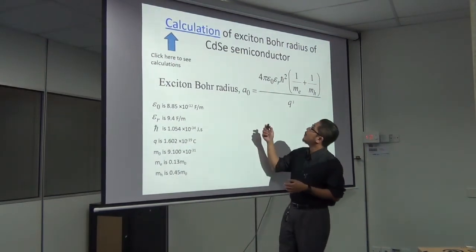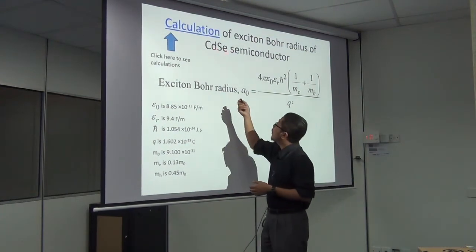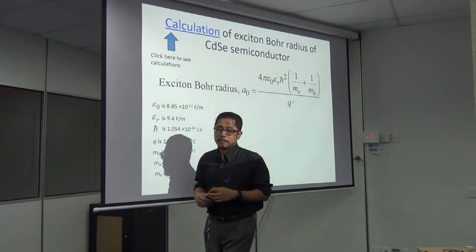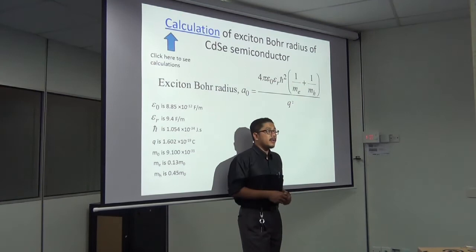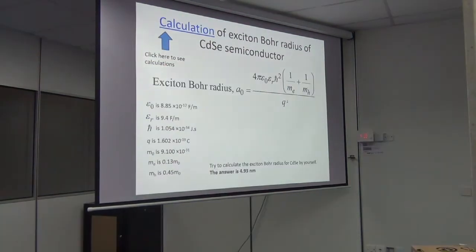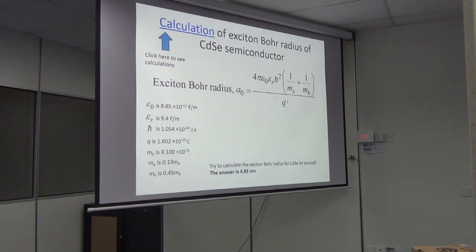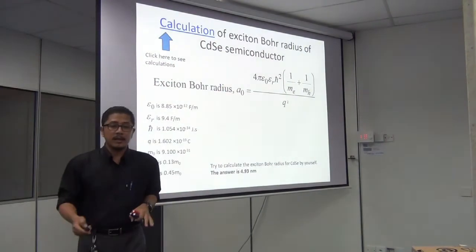So this is an example of calculation of the exciton Bohr radius in cadmium selenide semiconductor. The effective mass of the electron depends on the material. In a different material, the effective mass of the electron will be different. The answer should be 4.93 nanometer if you calculate it correctly.